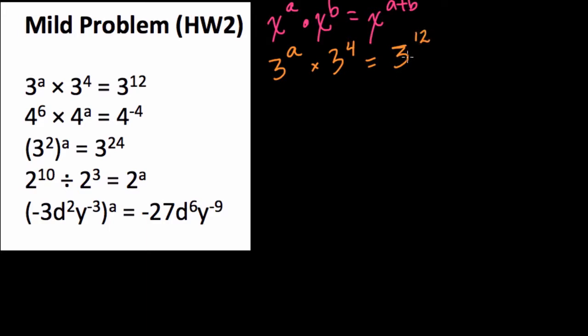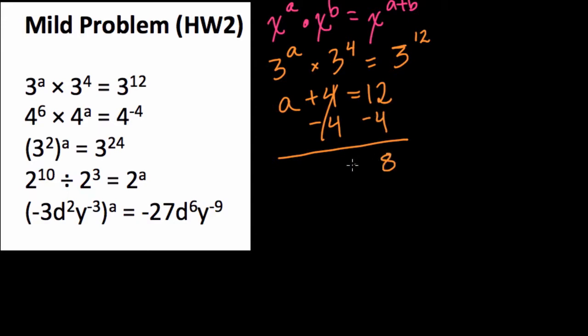Well, I know that if I add these two exponents, I should get 12. So I might set up a little algebra equation: a plus 4 equals 12, and solve for a by subtracting 4 from both sides. The 4 cancels out, and 12 minus 4 is 8, so a is equal to 8.